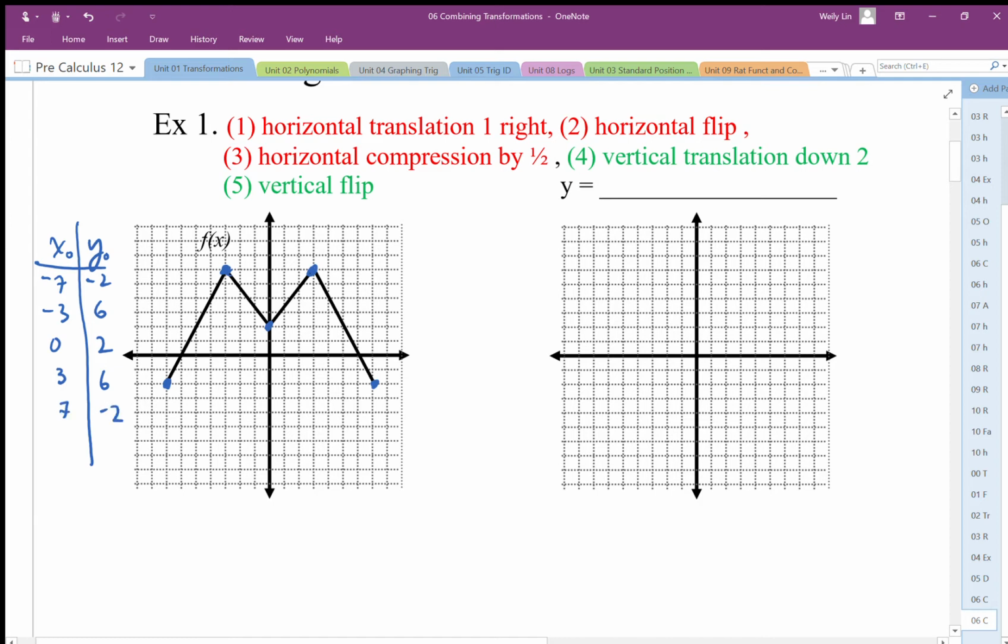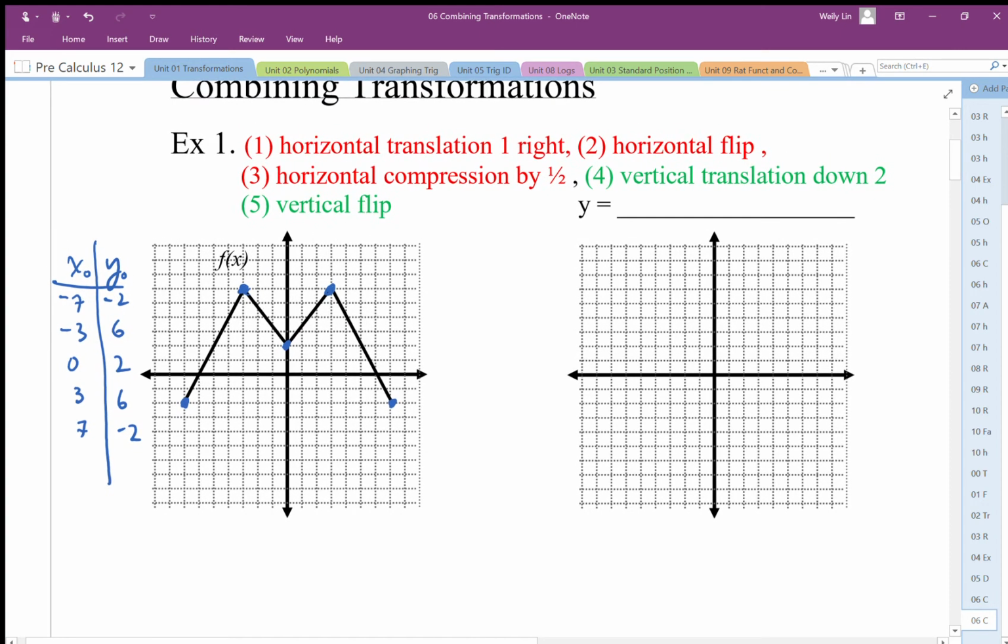So we're going to start with the y transformations because the y transformations tend to be a little bit easier. So I'm just going to do the change in y first. I'm going to take a vertical translation down 2. So I'm going to do -2 first, and then I'm going to flip afterwards. Now algebraically, this would be the same as if I got rid of the brackets and said flip first, or up 2.